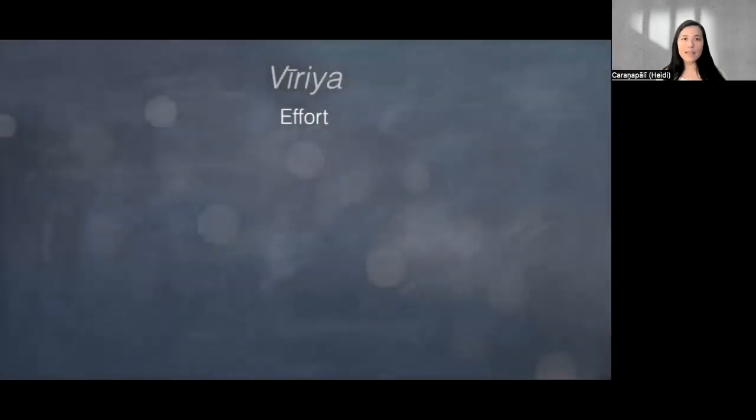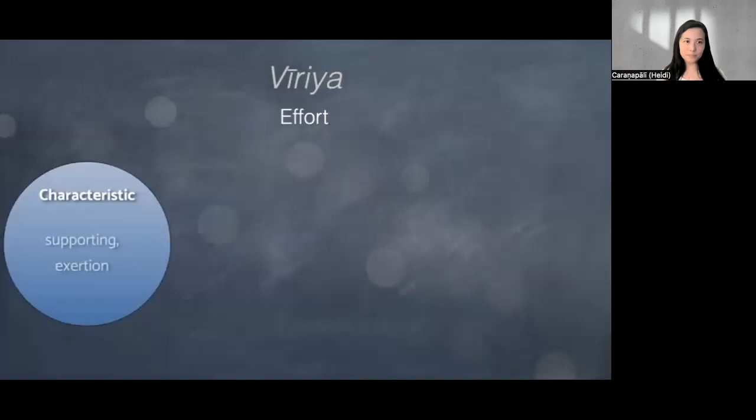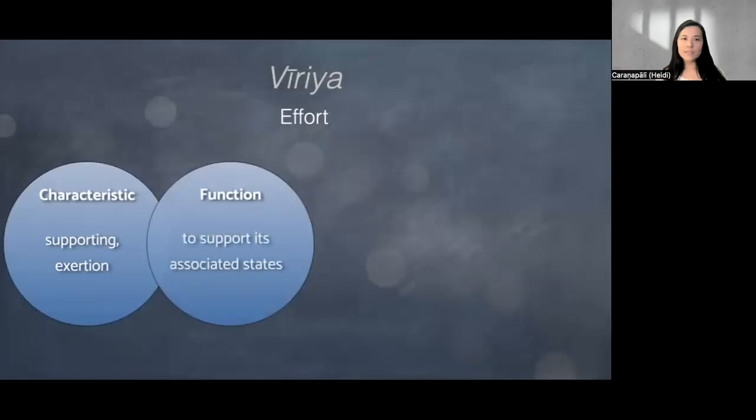Okay, now let's see the characteristic. The characteristic of effort is supporting or exertion, and its function is to support its associated states. So with the help of Vīriya, the associated states can stay with the object. They are reinforced by Vīriya, by mental energy.